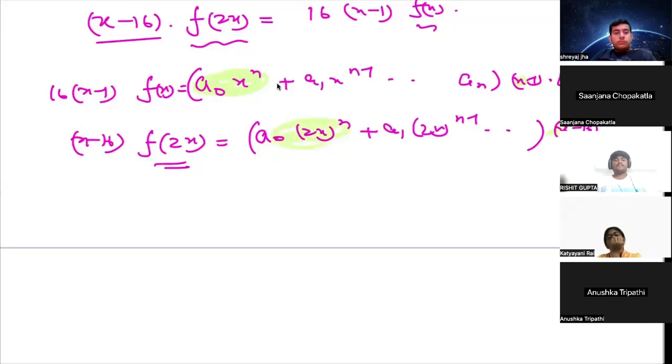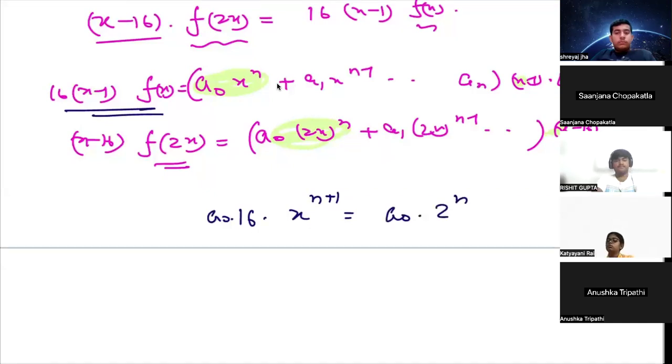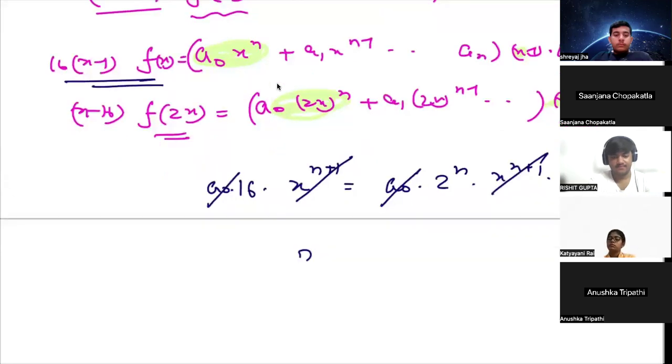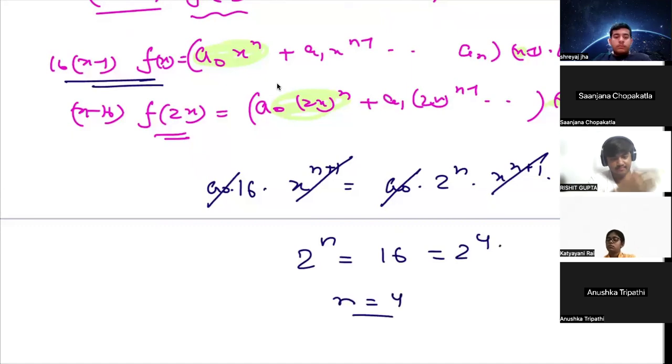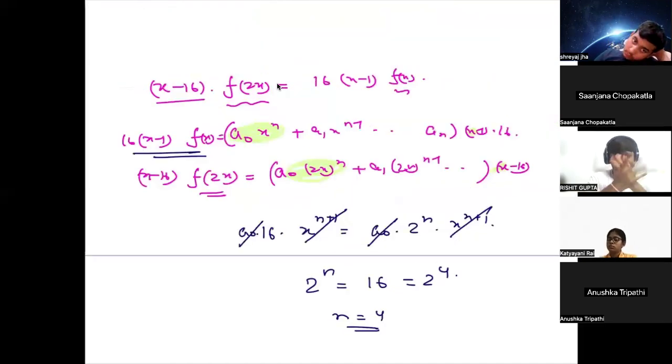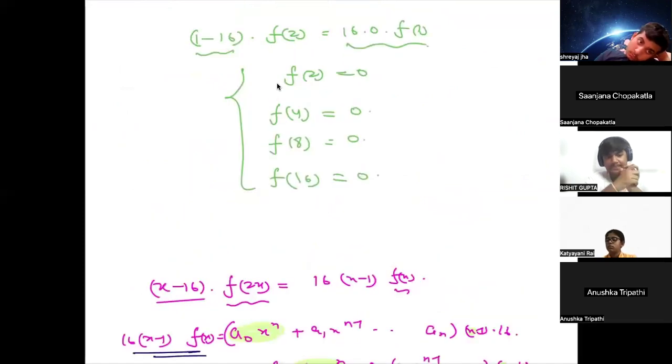So I can say 16 into a naught into x to the power n plus 1 equals a naught into 2 to the power n into x to the power n plus 1. Is this okay? But a naught is not equal to 0 and x is not equal to 0, so I can cancel. So 2 to the power n is equal to 16, which is 2 to the power 4, so n is equal to 4 only. So we are getting roots 2, 4, 8, 16 as 0, and the degree is 4.